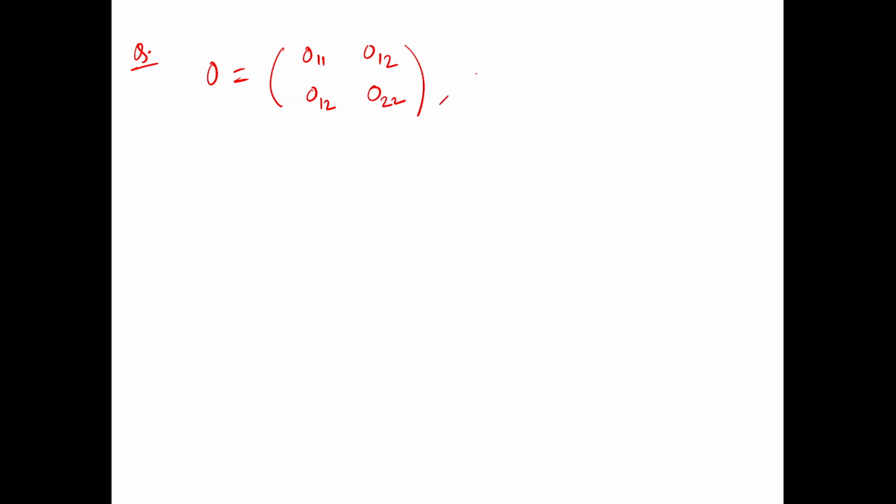You have to get this O U matrix multiplication. So let's assume your U is U11, U12, U21, and U22. We don't know the elements, so we have to find this matrix multiplication.